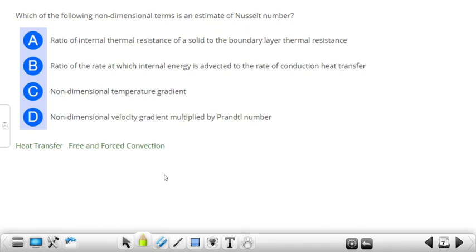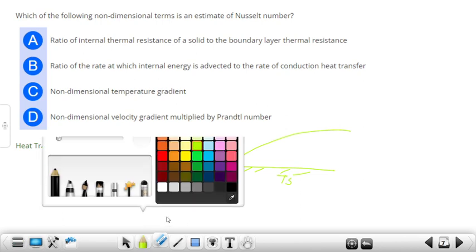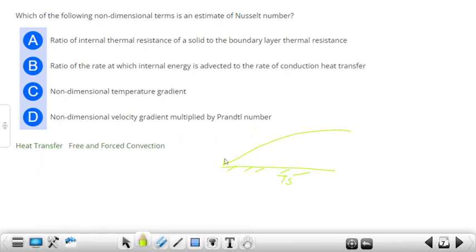So we know this is the plate where boundary layer is formed, and the temperature of the plate is Ts. This is the y direction coordinate, and y is equal to 0.